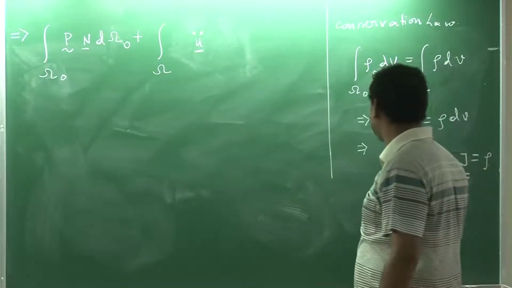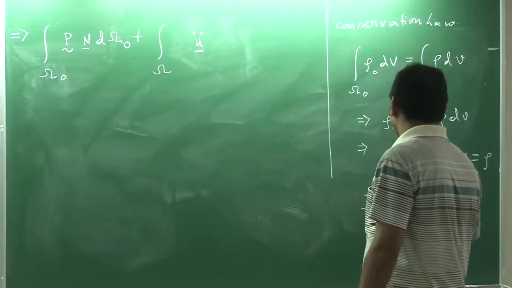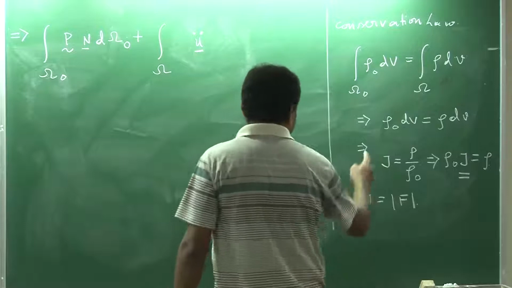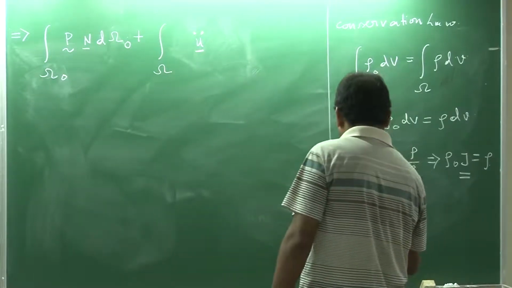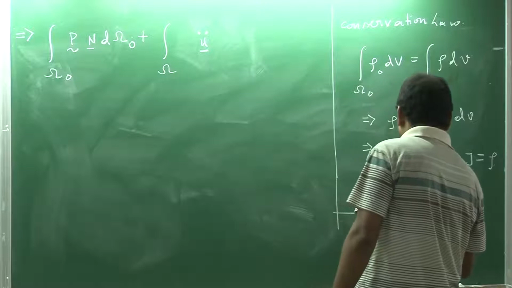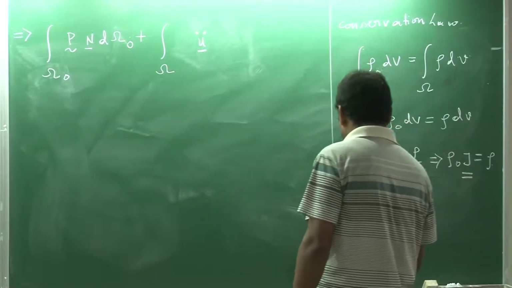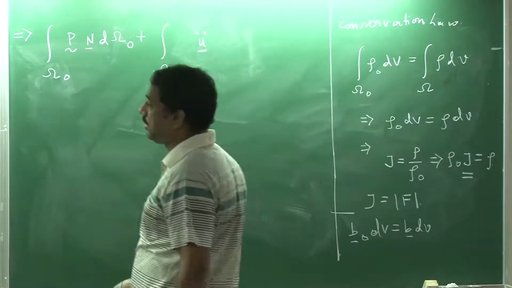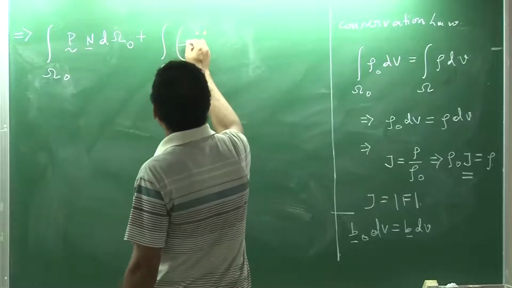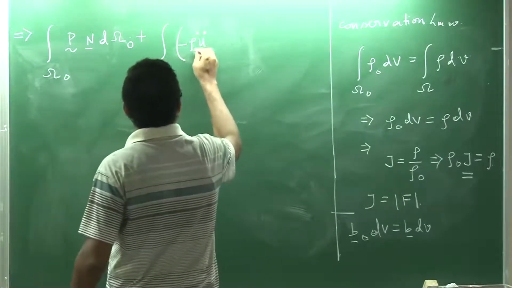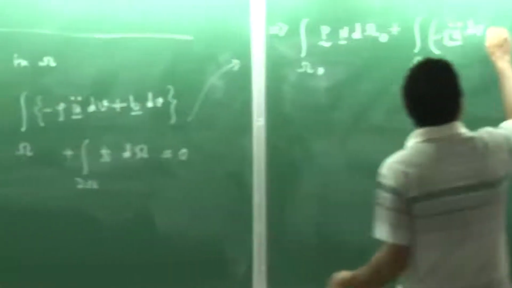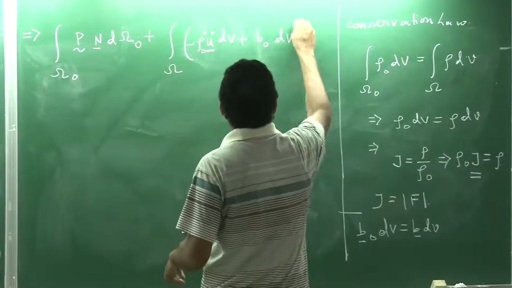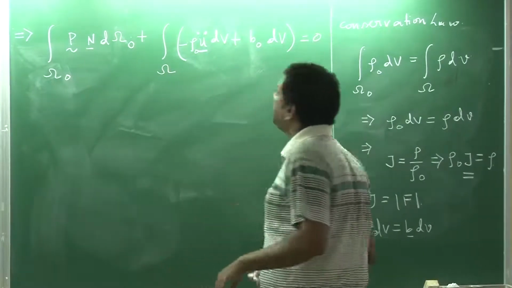Similarly, b0 dV will be small b dv. So here I will write u double dot, and instead of rho dv I am going to write rho 0 dV, and because I am working with respect to the undeformed configuration, I will write b0 dV.